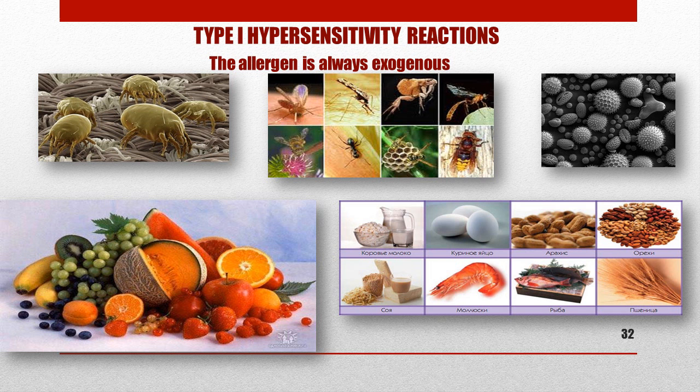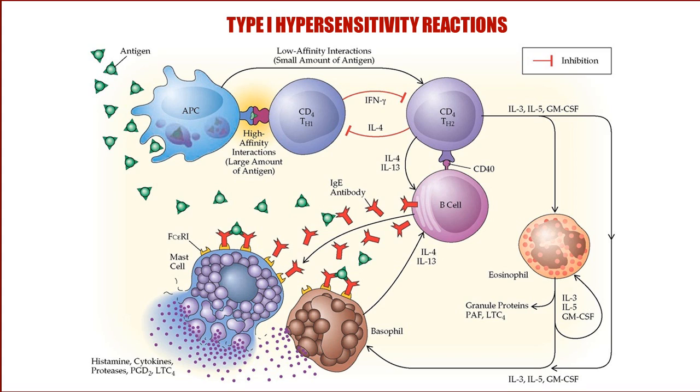Now, you see type 1 hypersensitivity reactions, and you see the allergens in these reactions, which are always exogenous. We said that allergen in type 1 hypersensitivity reaction is always exogenous.